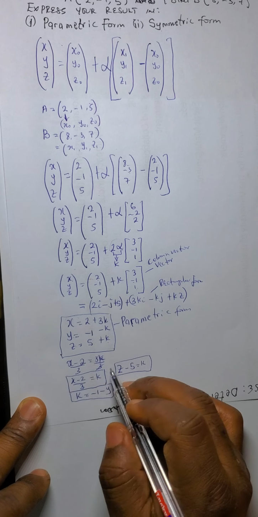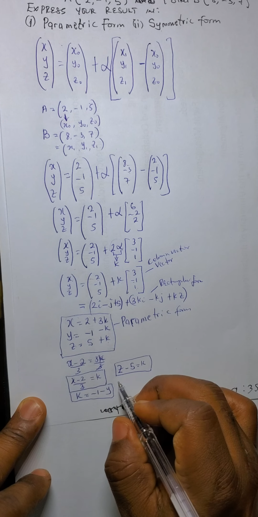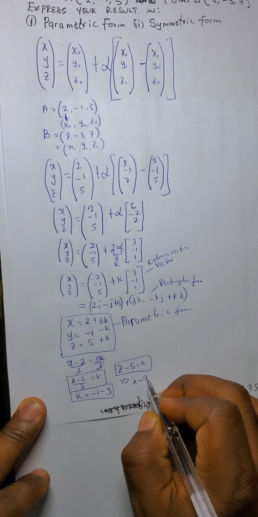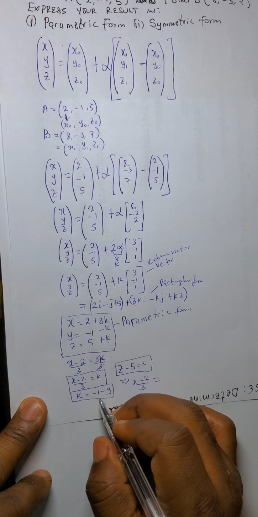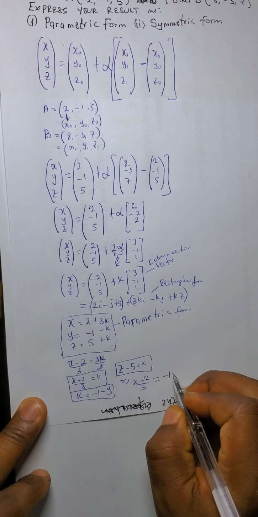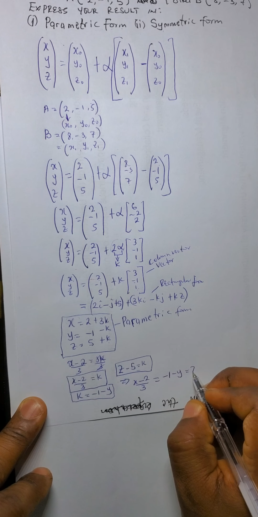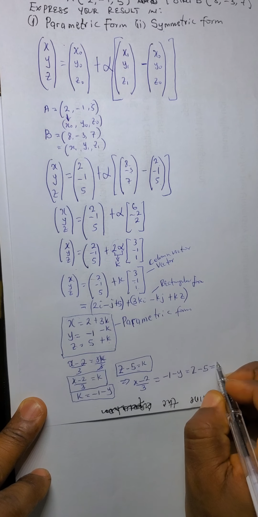Since everything is equal to k, I can equate everything together. So this implies that x minus 2 divided by 3 will be equal to minus 1 minus y, then will be equal to z minus 5, everything equal to k.